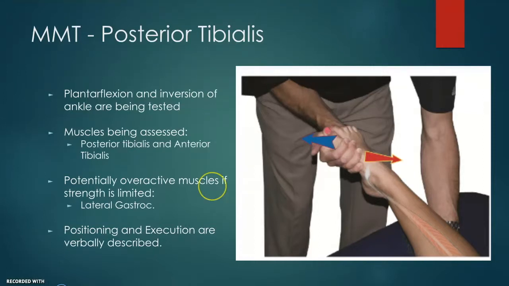For the execution, we supported the posterior lower leg just above the ankle, instructed the client to hold the position, and gradually applied increasing pressure to the medial plantar surface of the foot in the direction of dorsiflexion and eversion, looking for compensations of the toes flexing or the foot everting.